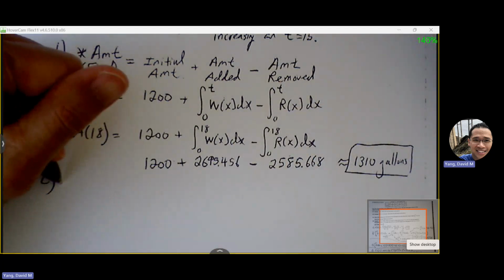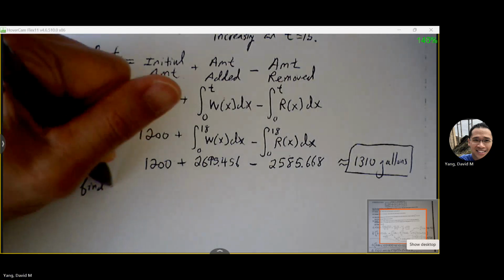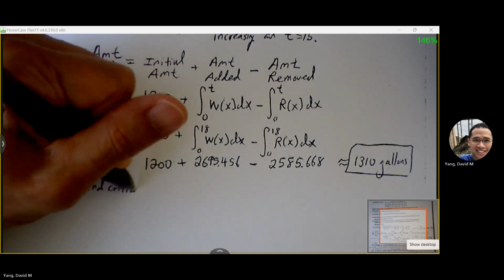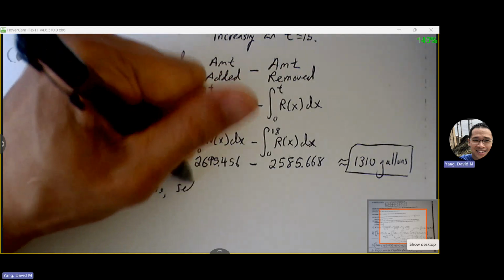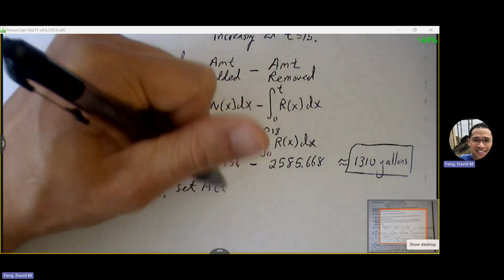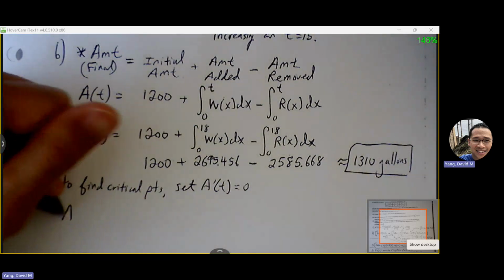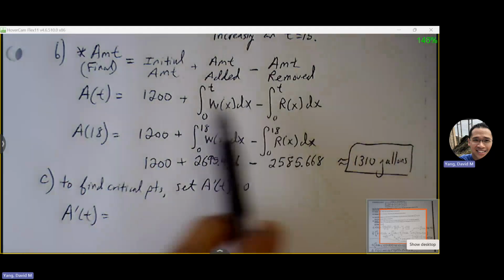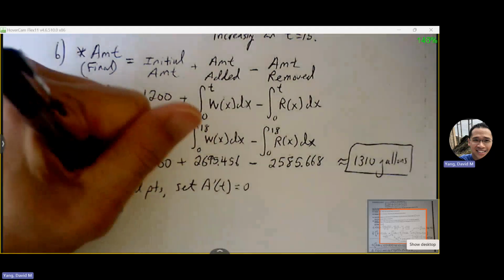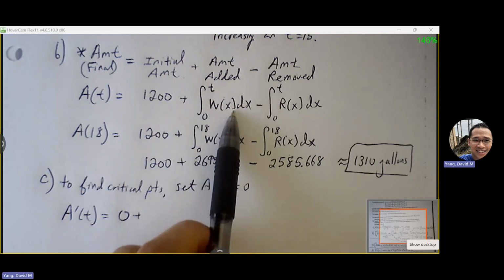To find critical points, we're going to set A prime equal to 0. So A prime is the derivative of this equation. 1200 goes to 0. The derivative of this integral will just become w of x, right?